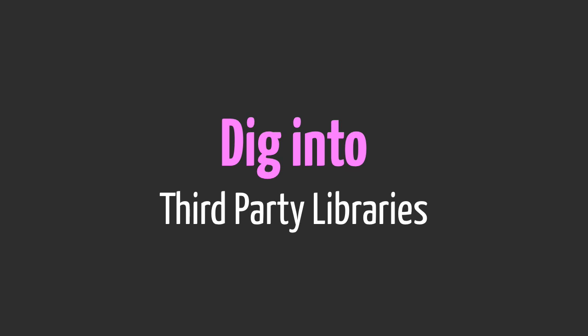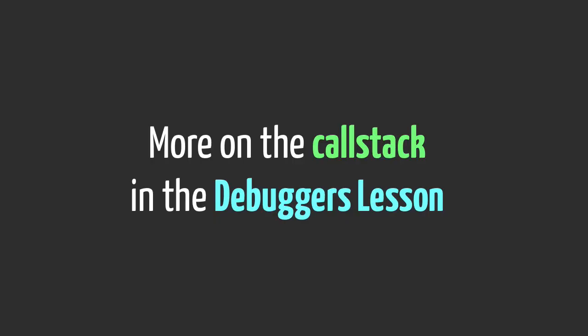Understanding and working with third-party code, although it seems intimidating at first, is actually a very powerful technique for debugging. And I'm going to cover that in more depth in a separate lesson. I'm also going to talk more about the call stack in the lesson on using debuggers.